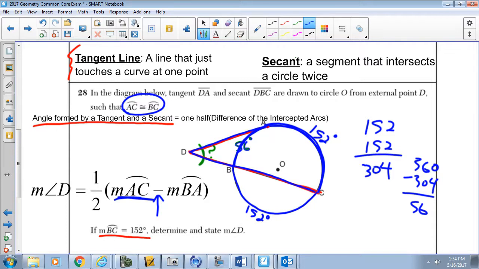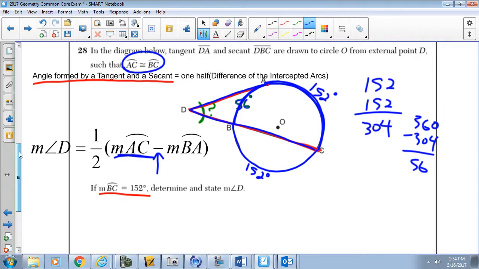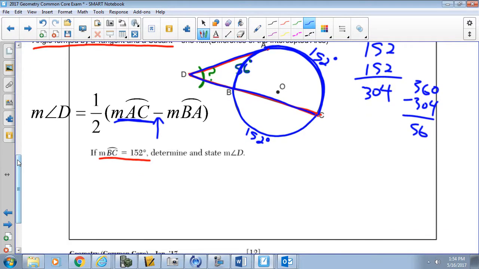So we're gonna plug this in now. The measure of angle D is equal to 1/2 times the measure of arc AC, which is 152, minus the measure of arc BA, which is 56.